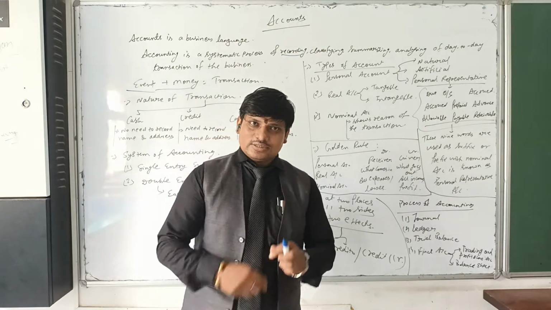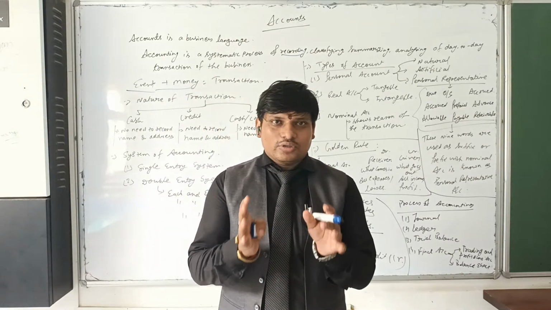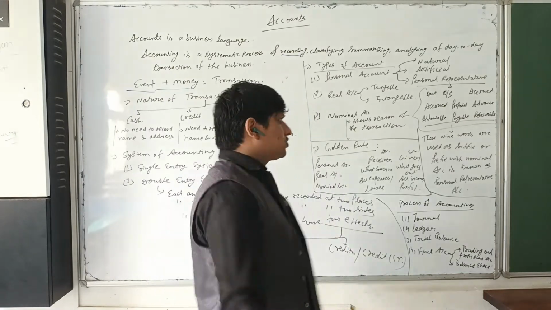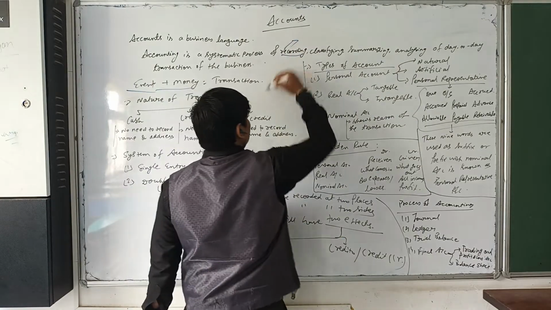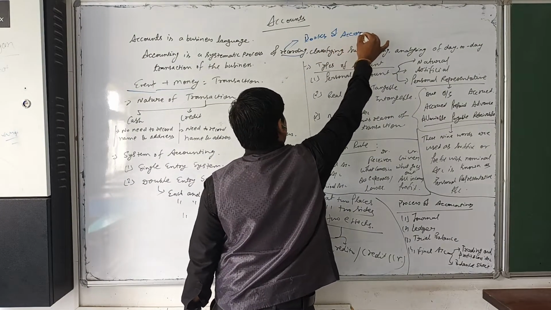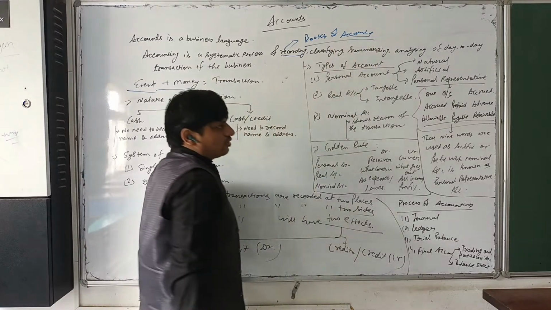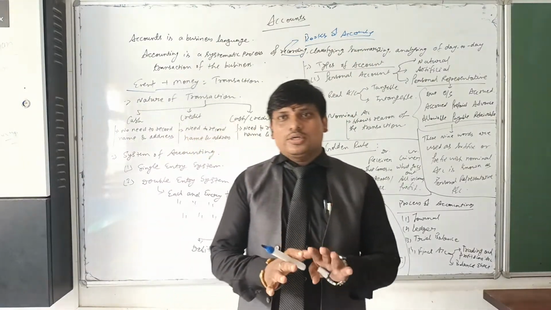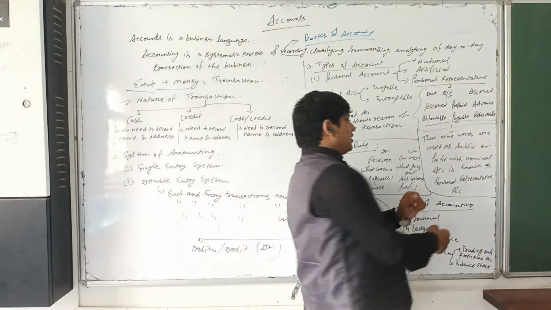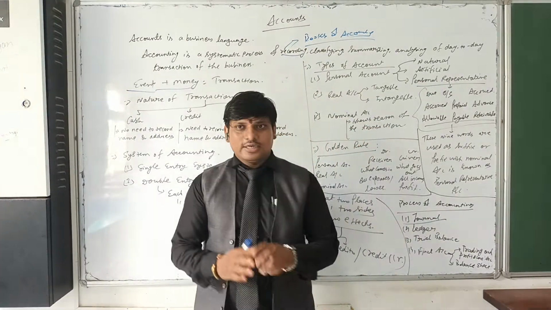Transactions are recorded in the books of account, that is called the process of accounting. In books we record the transactions, that is called books of accounts. The first process is to record the business transactions, that is known as journal entries.